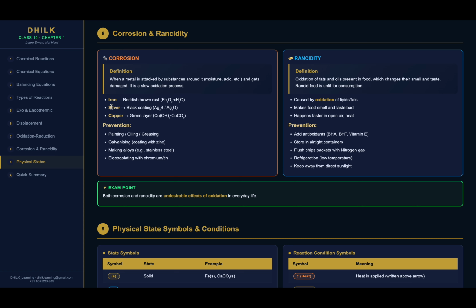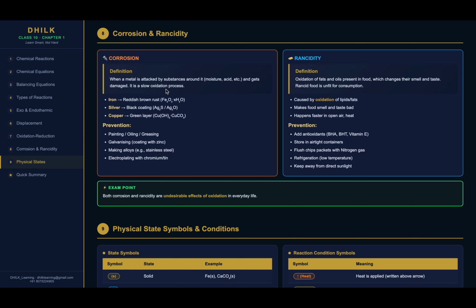Whenever we use it multiple times, you can see that the silver changes to a blackish color. That is because of this slow oxidation process. That's also an example of corrosion. Then there is the green layer on copper metals; it forms a green color after a long time. This is also an example of corrosion.